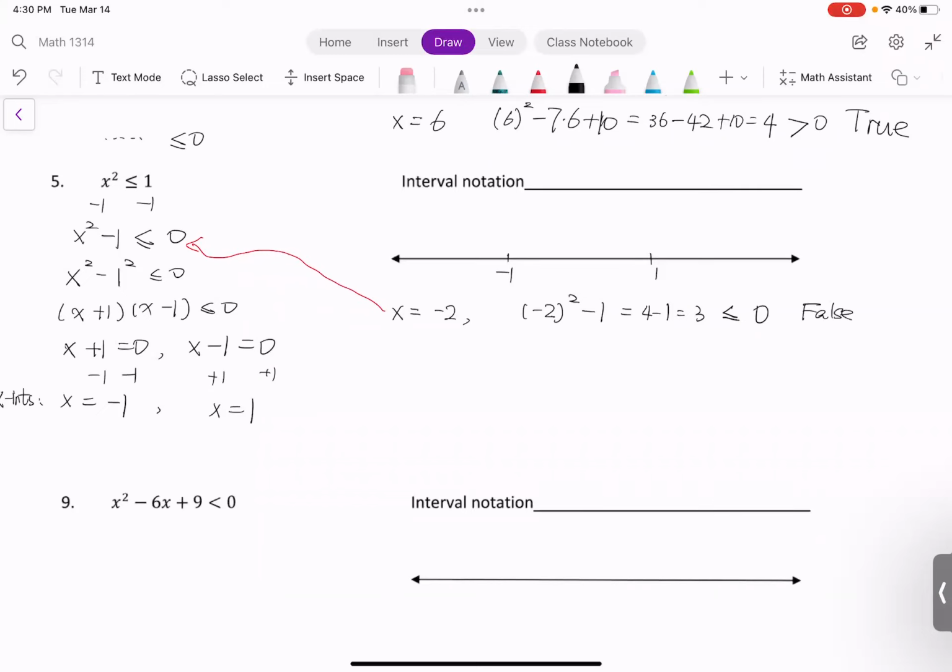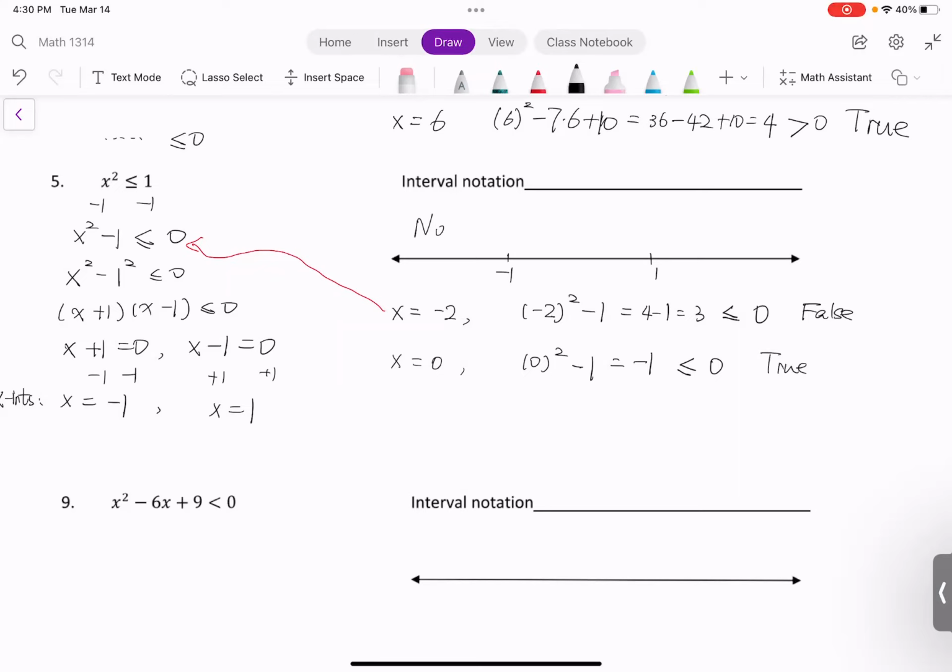So we cannot choose here, but how about between -1 and 1? I'm choosing x equals 0. 0 squared minus 1 equals -1. Can I say it's less than or equal to 0? Yes, it is.